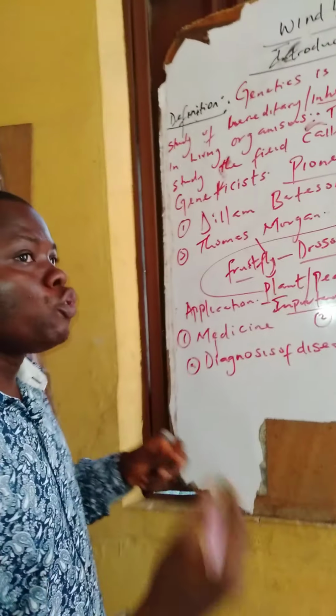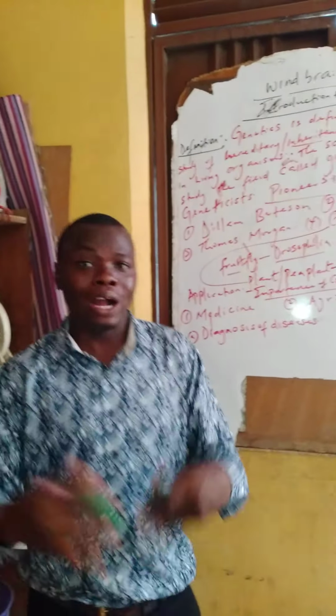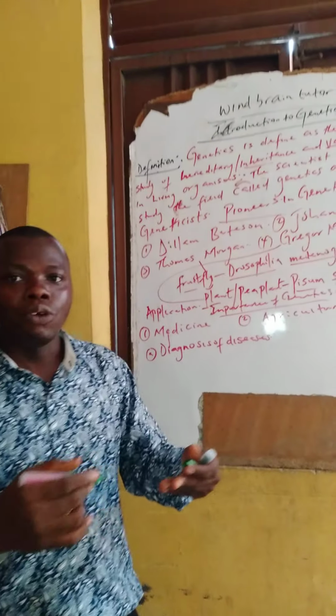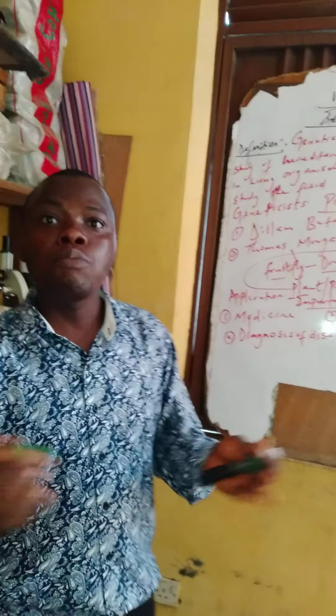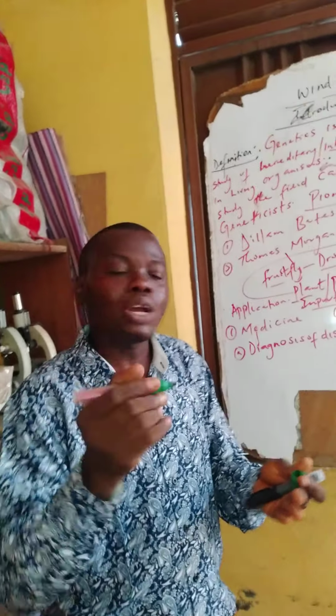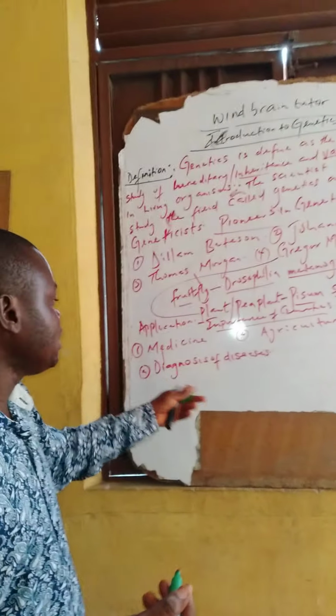Medicine has proved that if you want to know the causes of a particular disease, like cancer of the liver, you know what we call chemotherapy and radiotherapy, where you destroy the cancer cell. It is by the knowledge of genetics that you are able to do that.